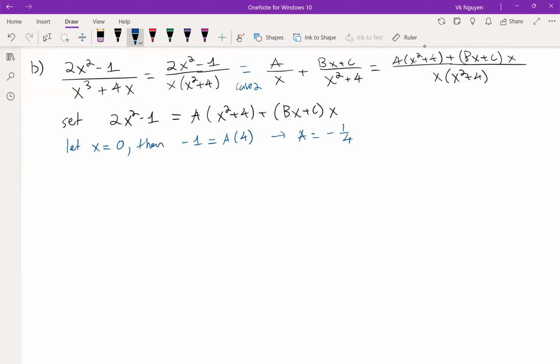So we have a. Now we can sub a in to solve for b and c, because there is no way that we can get rid of x squared plus 4. Sub a equal negative 1/4.